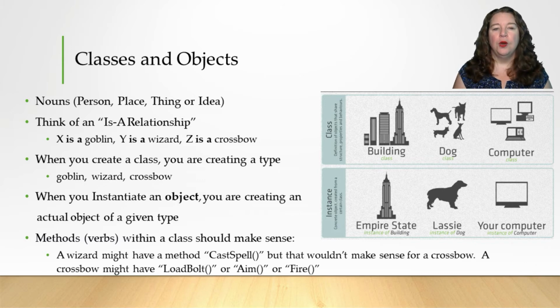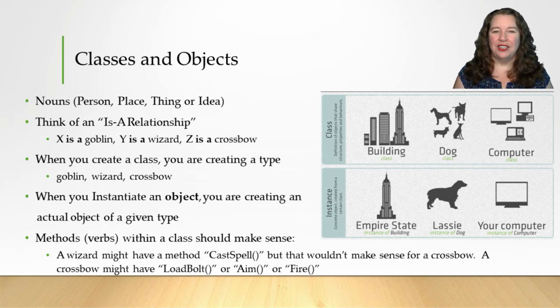These all work fine. When you instantiate your object, and I'm going to say the word instantiate a lot, instantiate the object, you are actually creating an object of the given type. So if I make a building, and instantiate a building, I can call it the Empire State Building, and that's now a building. The dog, I can have Lassie or any type of dog. Specifically my computer as opposed to any other computer. When it comes to the goblin, I can have the red goblin or the green goblin or the orange goblin.